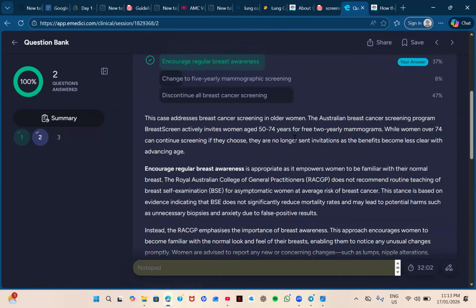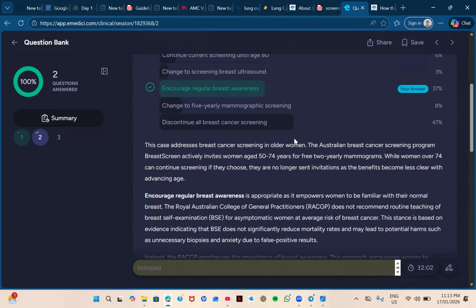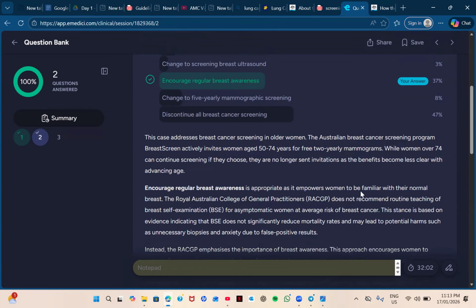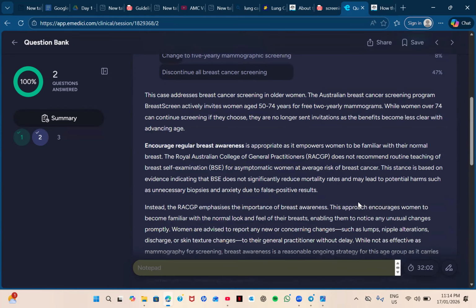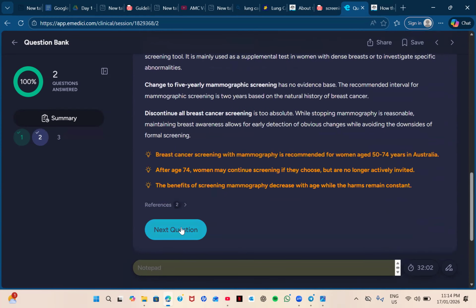But still we can give some advice about cancer screening, like if there are any breast changes or any discharge, any skin changes, and if they find out something like that, they have to consult their GP. And after age 74, women may continue screening if they choose, but are no longer actively invited.